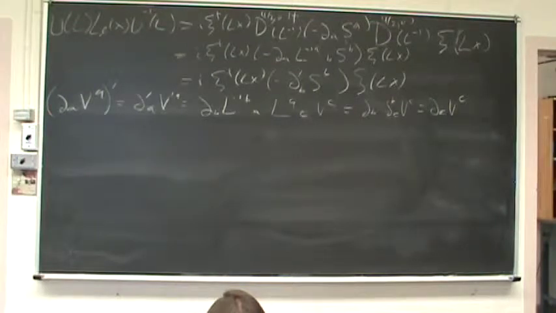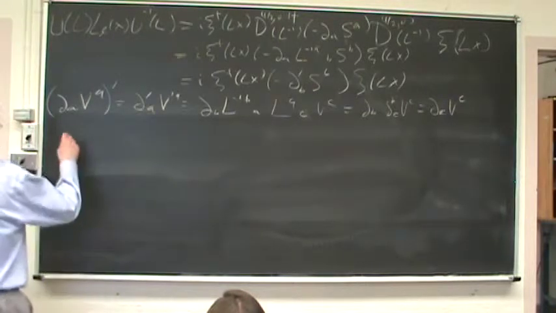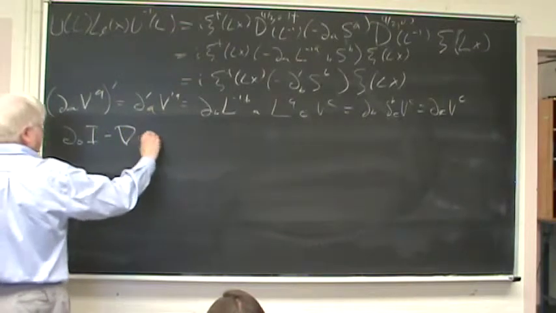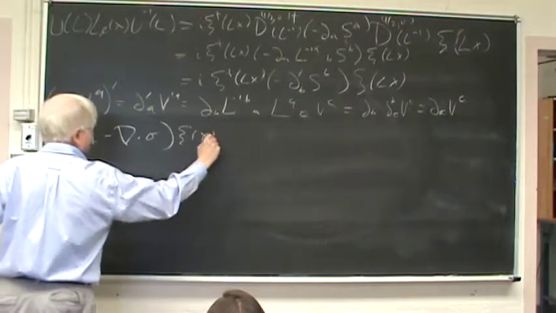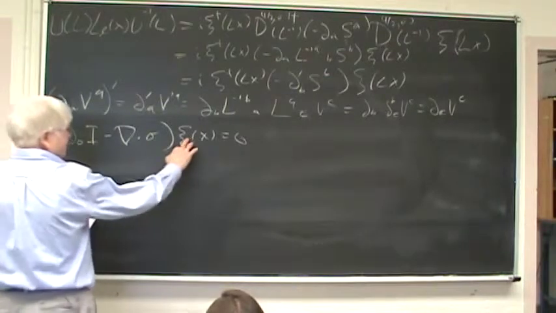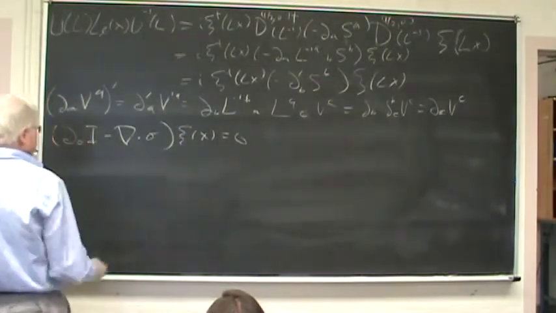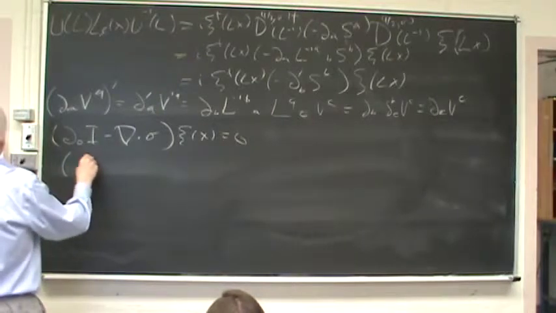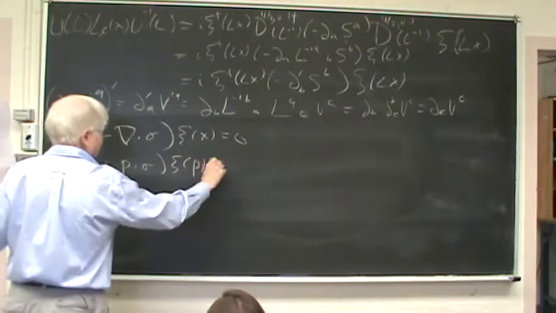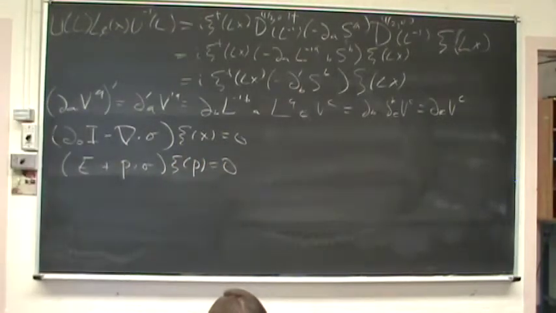And this is part of the Dirac action. Let me show you why this ψ is left-handed. Its equation of motion is (∂_0 i minus ∇ dot σ) ψ of x equals 0. So this is, so to speak, the Dirac equation or the Weyl equation, or half the Dirac equation for a massless field. And now, if you just write this as e to the i p dot x, what you have here then is (E plus p dot σ) ψ of p is 0.